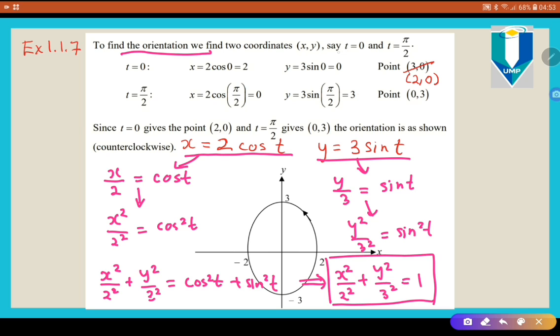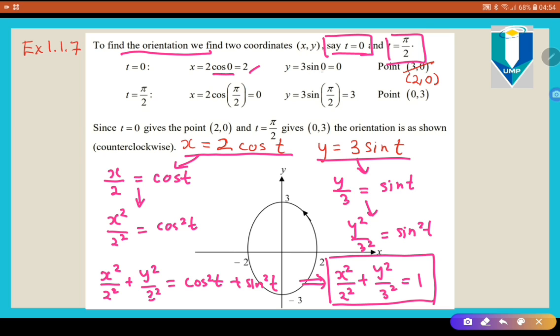We can choose two values of t. Let's say t equivalent to 0 and t equivalent to pi over 2. When t equivalent to 0, cos 0 is 1. So x equivalent to 2 times 1, which is equivalent to 2.